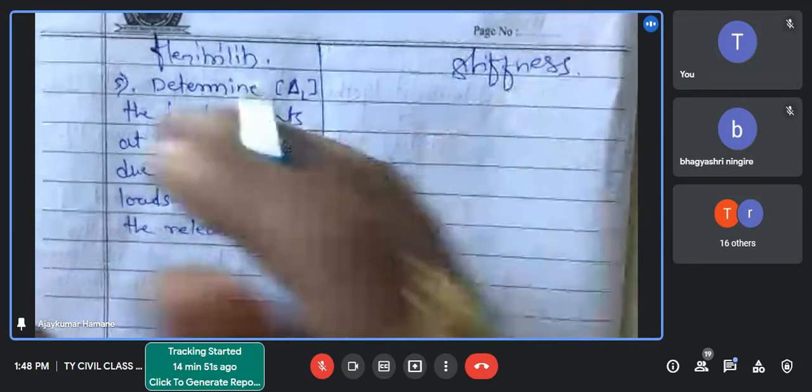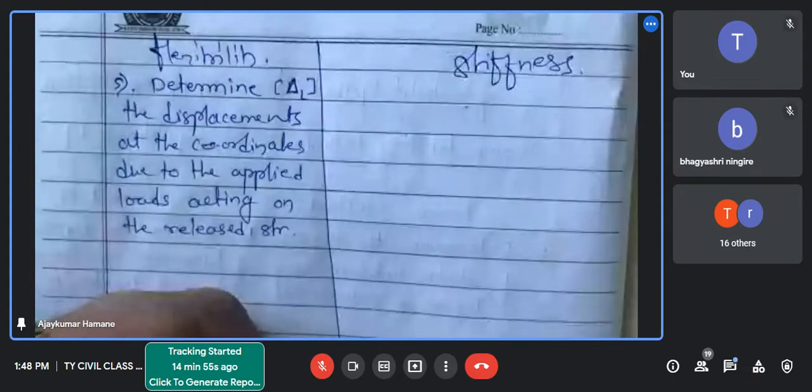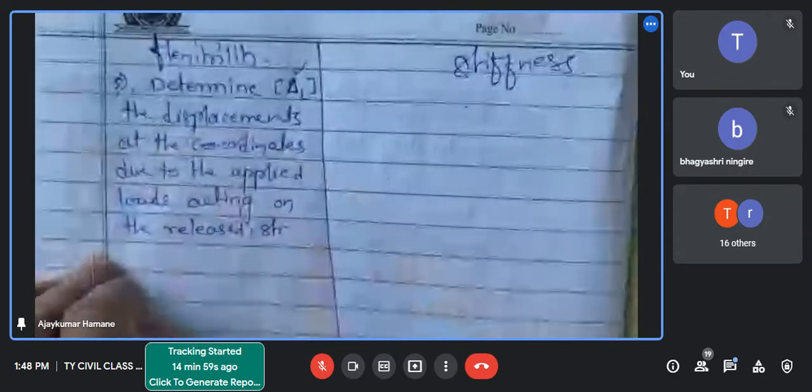After releasing the structure, we have the external loading on the beam. Due to that external loading, what are the displacements we have to calculate?